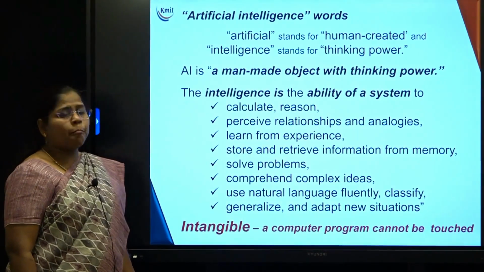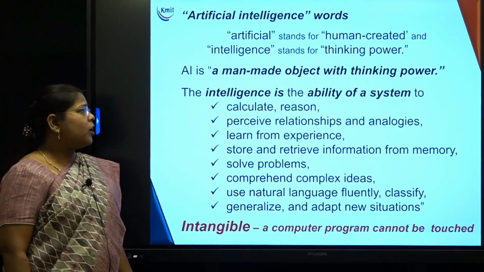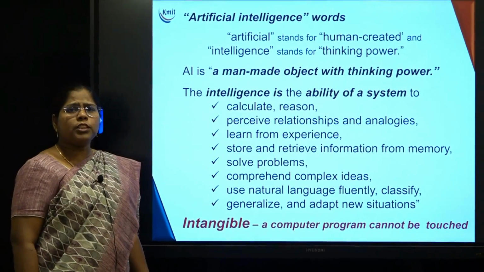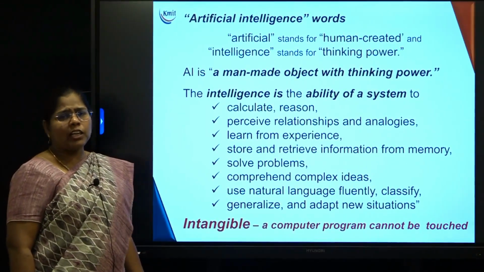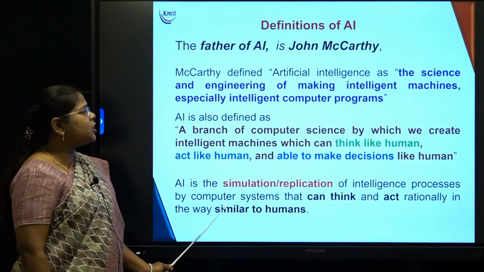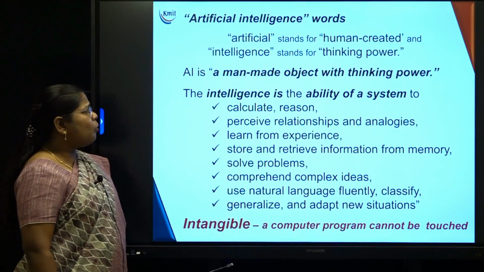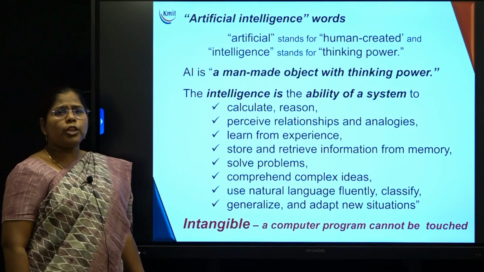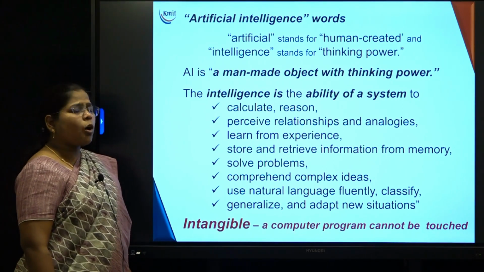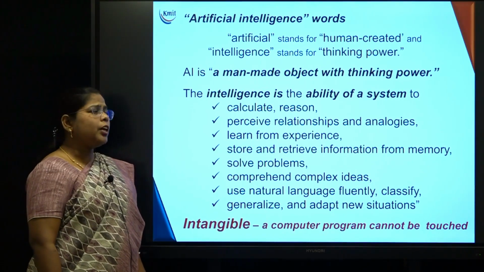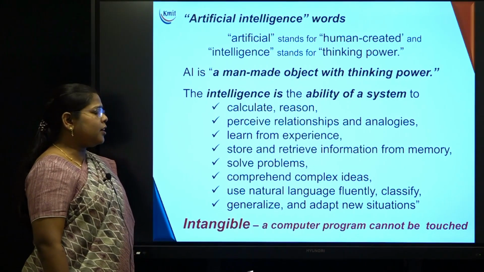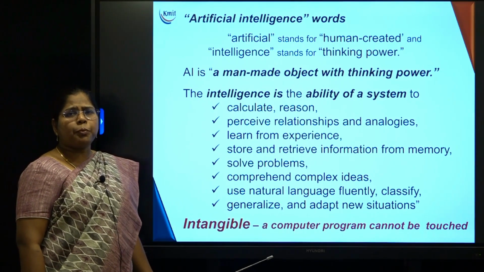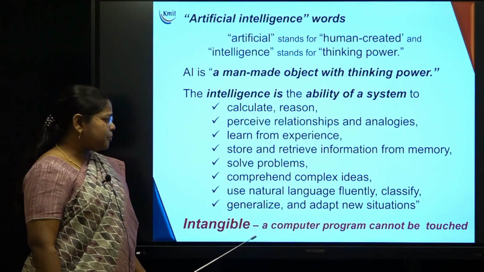AI is a man-made object with thinking power, and intelligence is the ability of the system to analyze, to calculate or to reason: the reason for a solution and how to create a solution for a problem, how to retrieve the data from the memory or how to store the data in the memory, and how you are analyzing the data or learning from experience with respect to data sets.